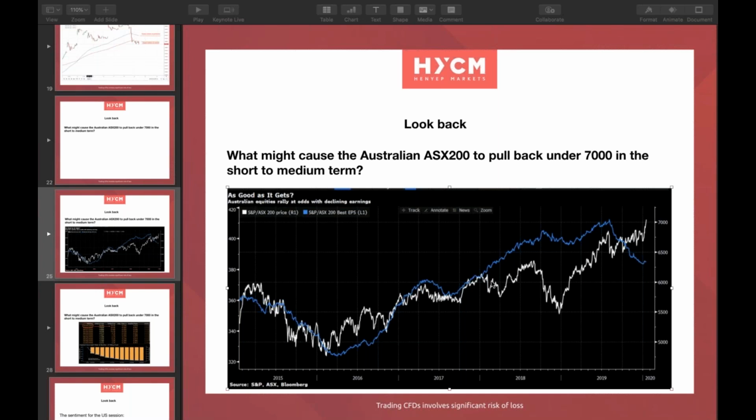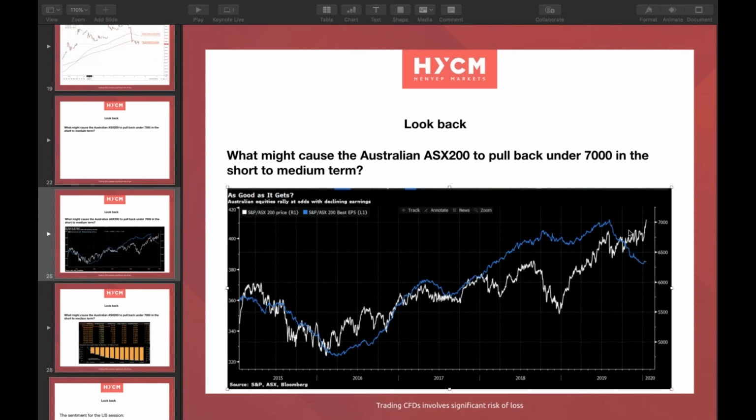That's calculated by dividing a company's profit by its shares. So basically, the EPS lets you know how profitable the company is. And unsurprisingly, the EPS tends to track the ASX 200 price.